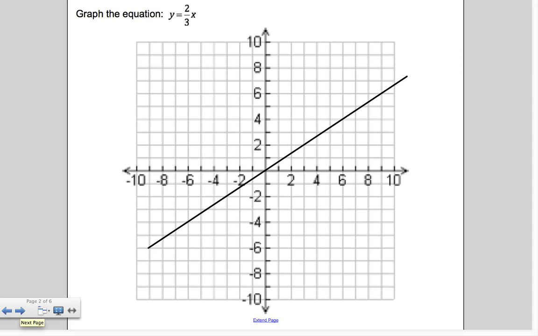Okay, hopefully your graph will look something like that. My y-intercept is 0, so it just goes through the origin. And my slope is 2/3. So up 2 over 3, there's 1 point. Up 2 over 3, there's another point.